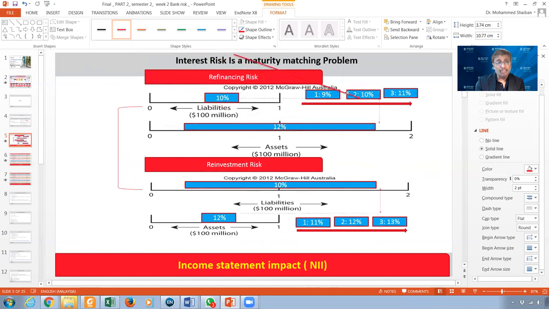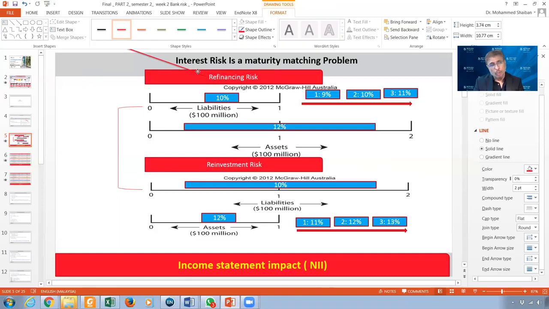If I'm here at 10%, then there is no problem because 10% and 10% is still the same. The problem is here, if I'm in case 3. If I'm in case 3, I'm exposed to interest rate risk, and this is coming from the refinancing. So it's interest rate risk coming from the refinancing, meaning I'm looking for somebody to refinance.